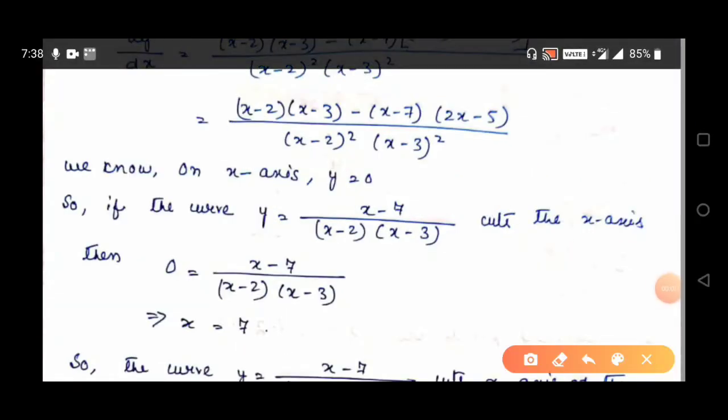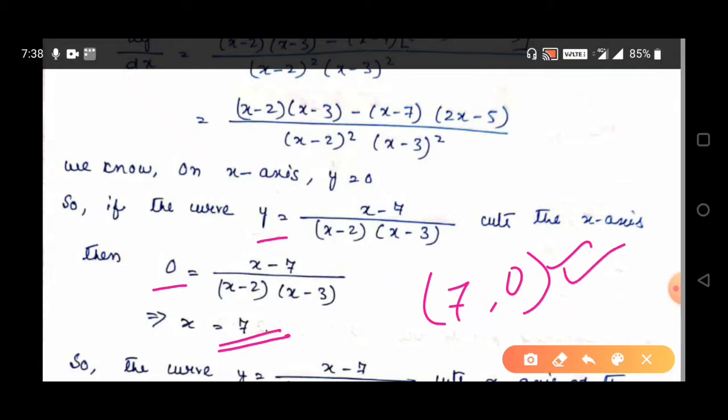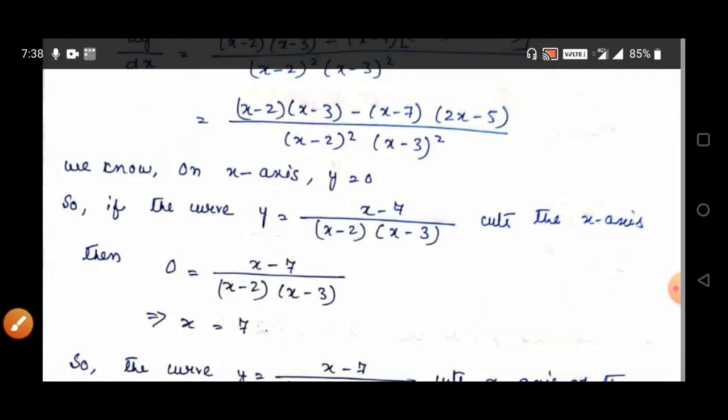If the y coordinate is 0, then we can put the value of y as 0 and we can find the value of x is 7. So the point will be (7, 0) on the x-axis. Now we have to find the equation of the tangent at this point. So for that, first of all we have to find the slope of the tangent at this point.